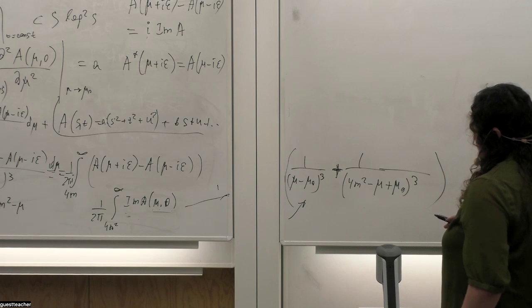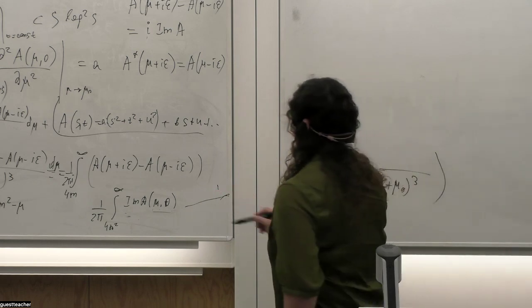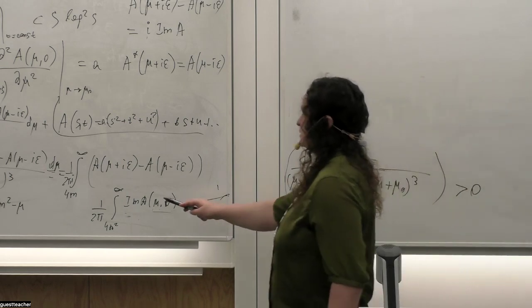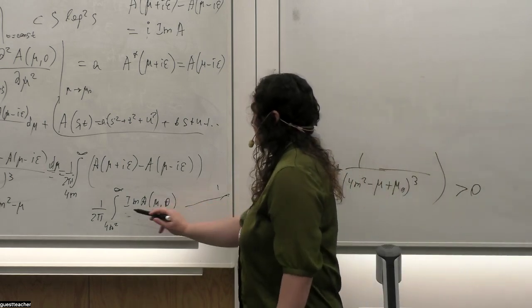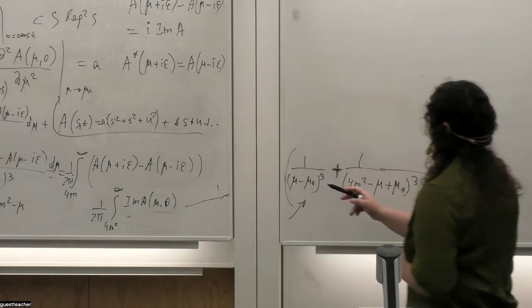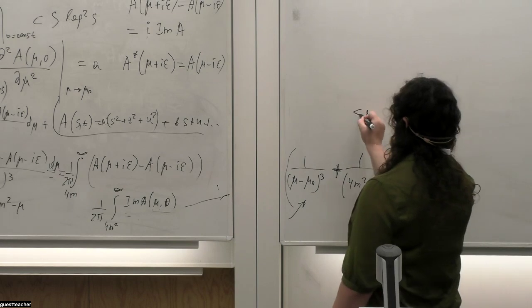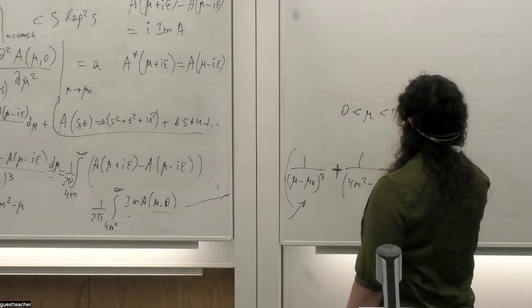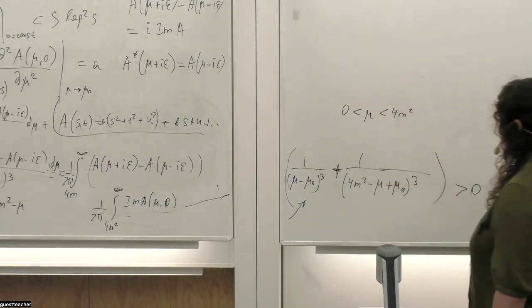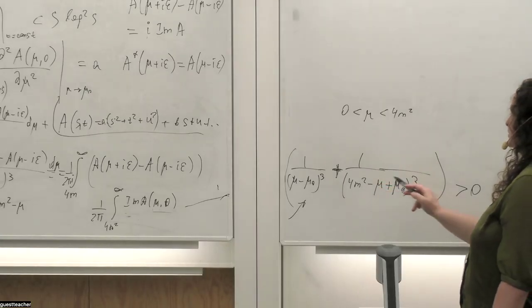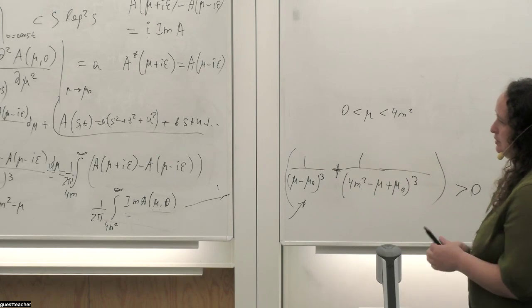Then I can conclude that this integral is strictly positive. Why? Because this function is strictly positive by unitarity, and this particular function is also positive when mu is between 0 and 4m squared. So if mu is less than 4m squared, this is a positive quantity, and this one is positive too.